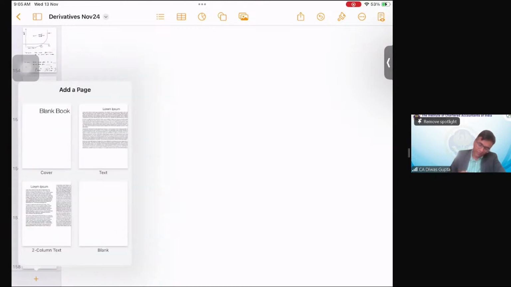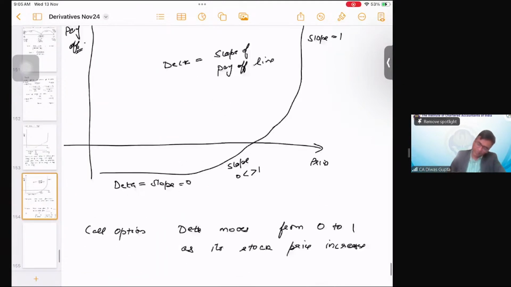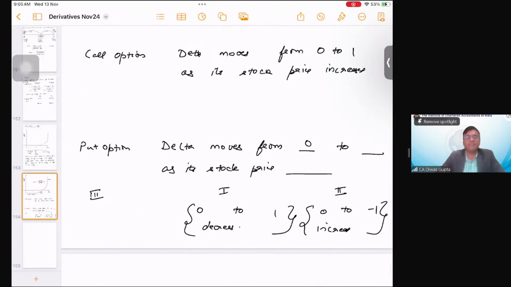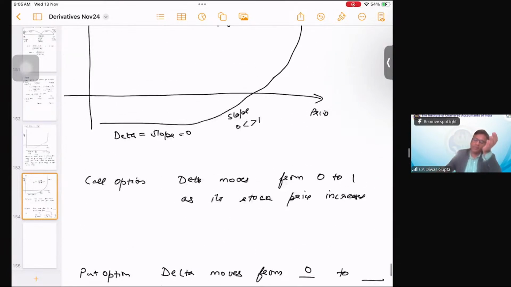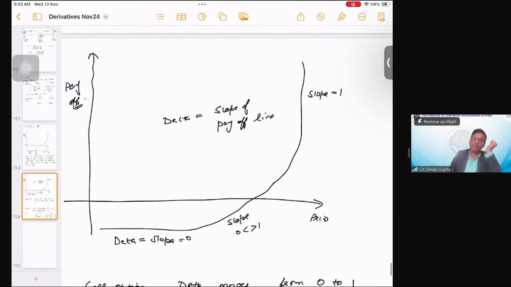So first of all, for put option, see the idea is whether it is a put option or whether it is a call option, the delta is always zero when it is out of the money, right? That is a very simple thing because even if you see the payoff chart of a put option, see this is the payoff chart for a call option, right?